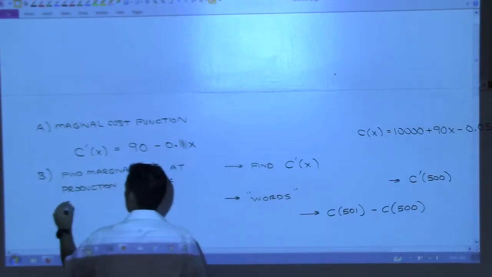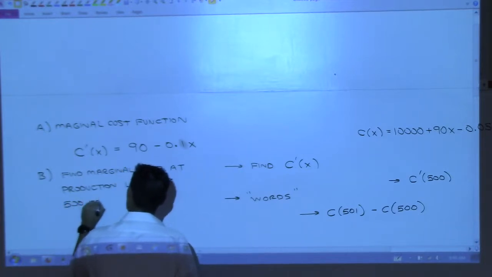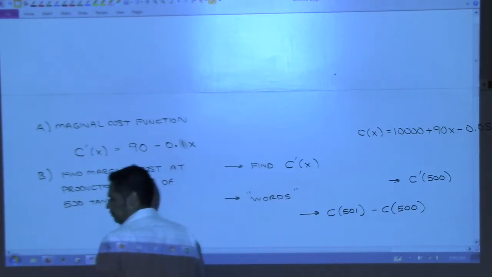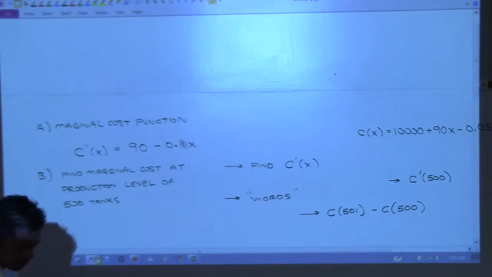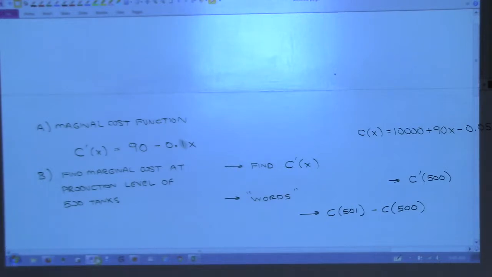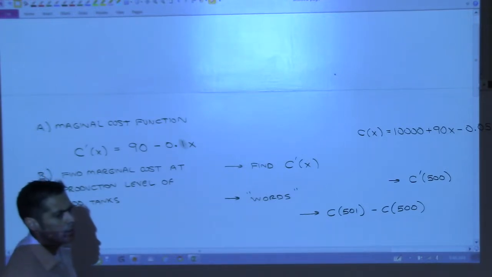So what are we going to do there? Would you solve for x, correct? Using the C prime formula? Okay.